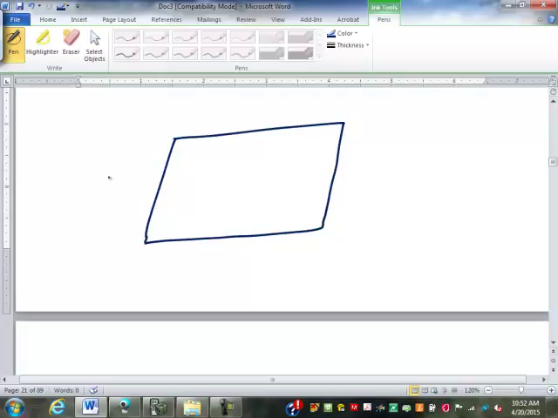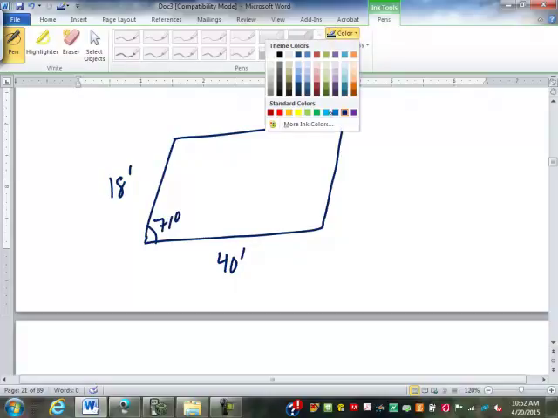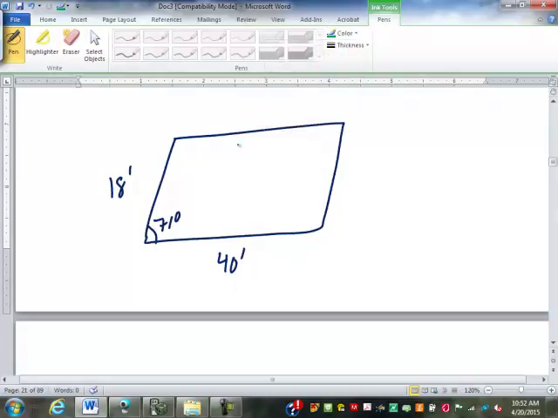What if we have a parallelogram? And we have this angle here of 71 degrees. We can do this. Cut it like that. What do we have? Two triangles, right? What's the area of each triangle? 18 times 40 times the sine of 71 divided by 2, right?